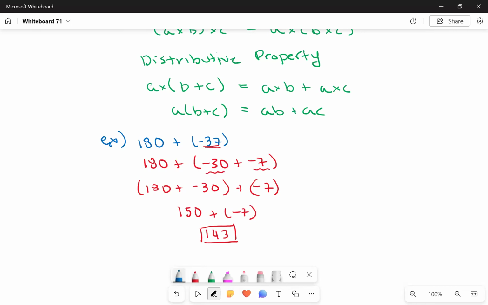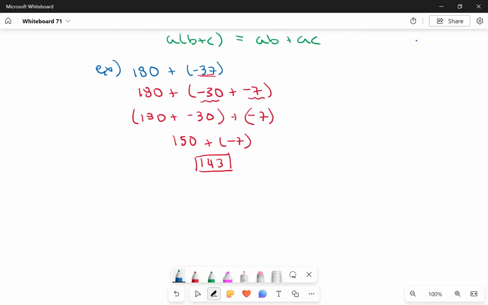Let's try another one. Let's try negative 6 times 19. So the 19 is kind of gross. Break it up. Let's think of 19 as 10 plus 9. Now we can do the distributive property here. Sorry, I'm going to squeeze that little multiplication symbol in there.